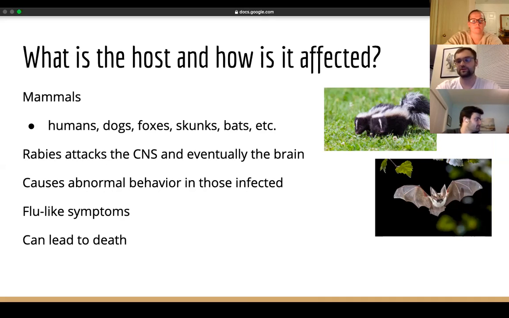It will eventually travel to the brain and once again will cause abnormal behavior. So this will ultimately lead to flu-like symptoms such as dizziness, nausea, headache, weakness, and once you begin to experience symptoms, it can ultimately lead to death.